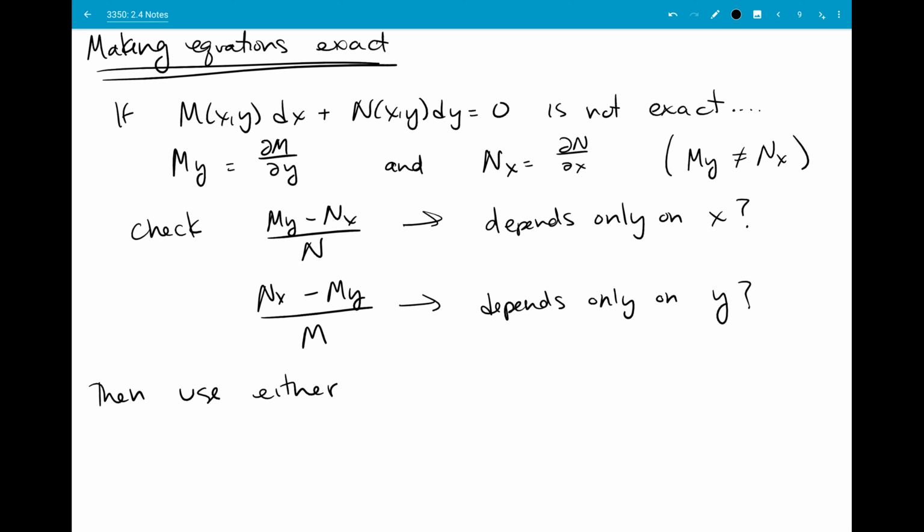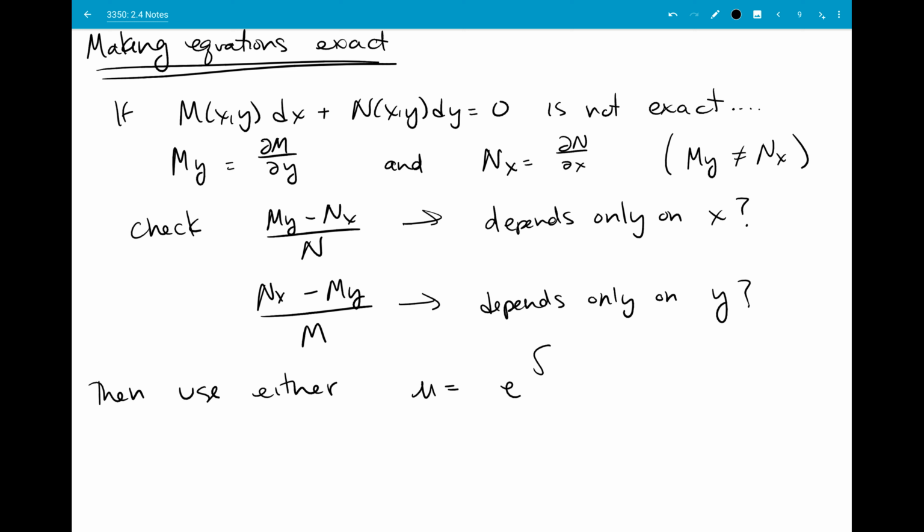Then you're going to use either mu equal to e to the integral of m sub y minus n sub x over n dx for the first case, or mu equal to e to the integral of n sub x minus m sub y over m dy for the second case.